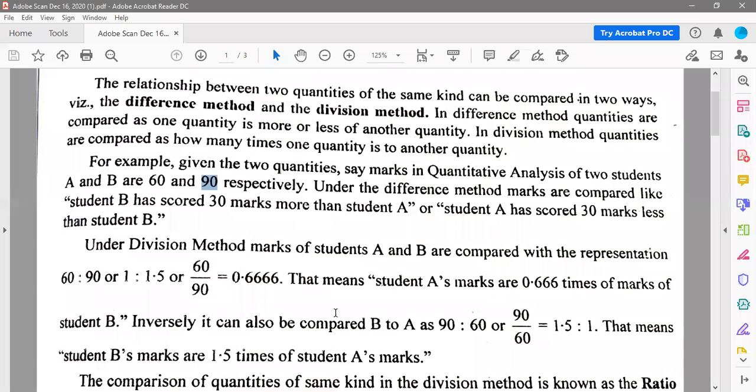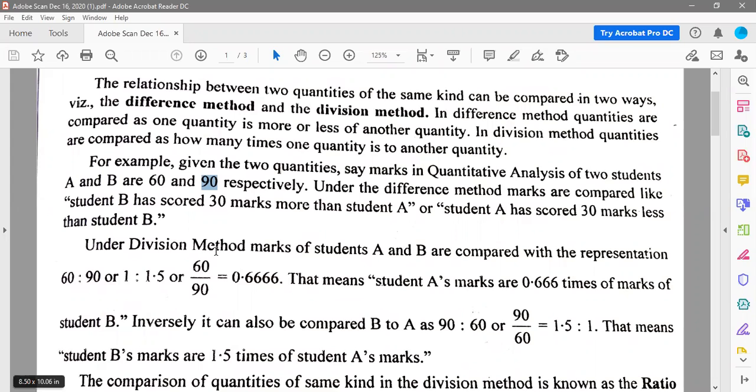Now the second one is the division method. Under the division method, the same students' marks will be shown in the form of a ratio. Now we are comparing the marks of A and B, but the representation of the marks will change a little. Now let us understand how that will change.